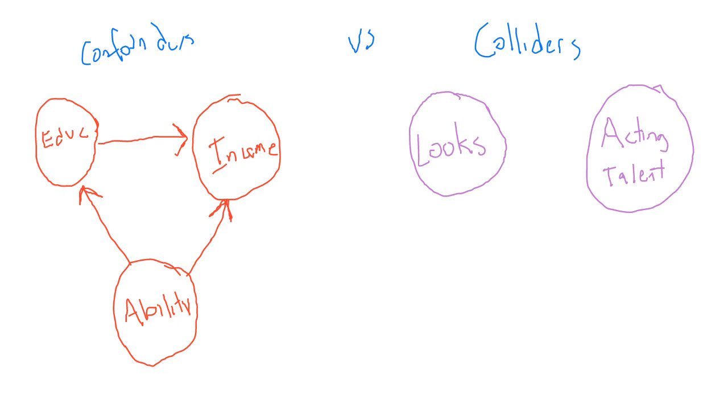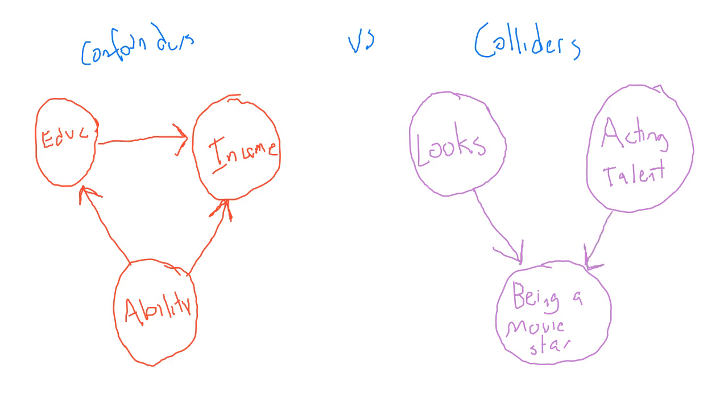But let's say there's this third variable called being a movie star. And you being a movie star is causally dependent on your looks. Better looking people are more likely to be movie stars. And it's causally related to your acting talent.